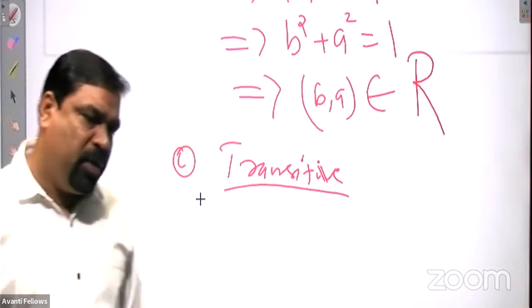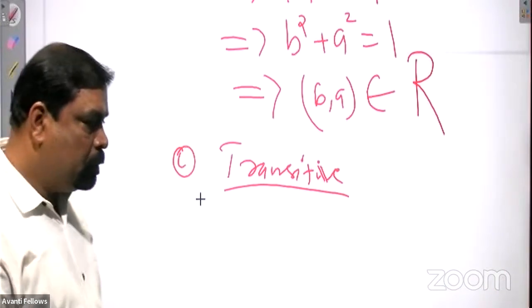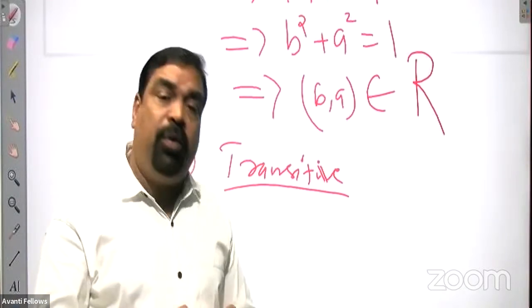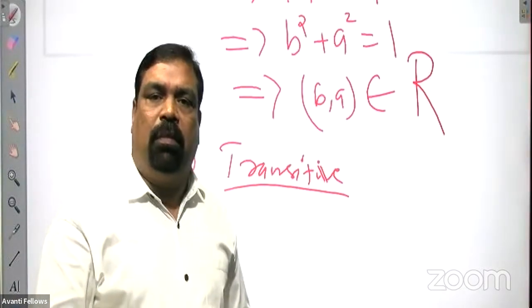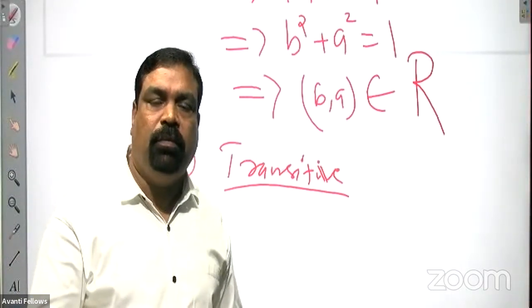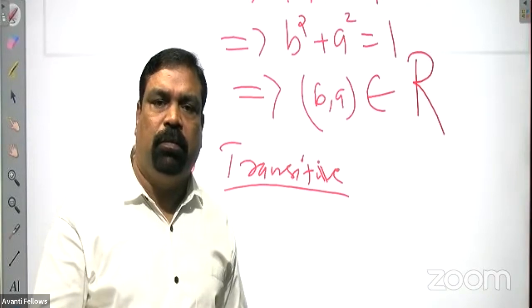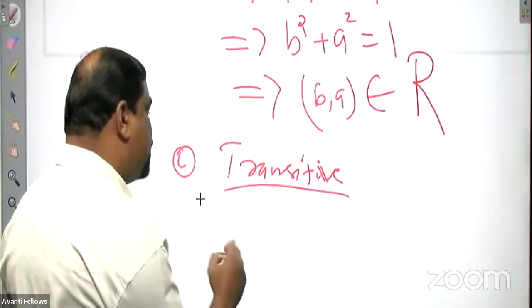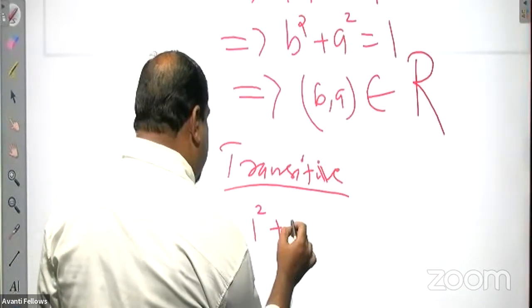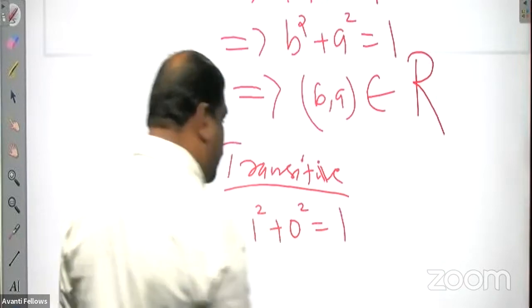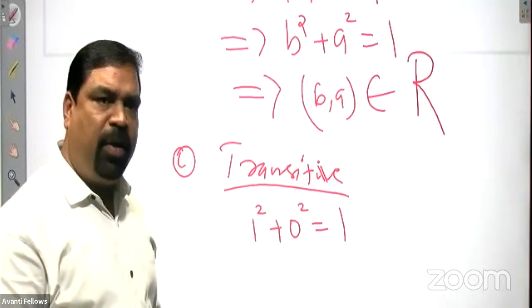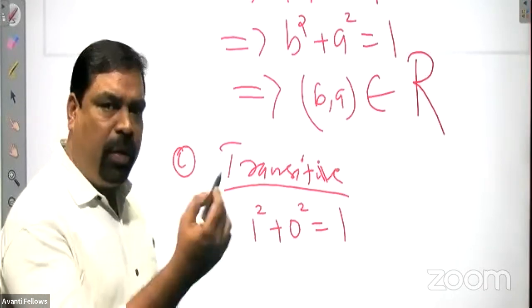Is it transitive or not? That's my question. If it is not transitive, we have to give an example, a numerical example. Okay, let us take: we know 1 square plus 0 square equal to 1, which means A square plus B square equal to 1.